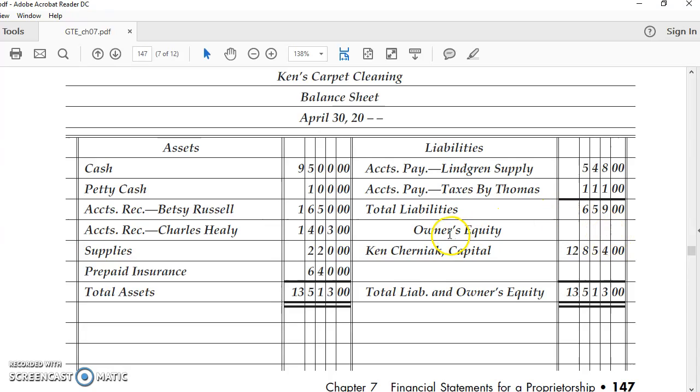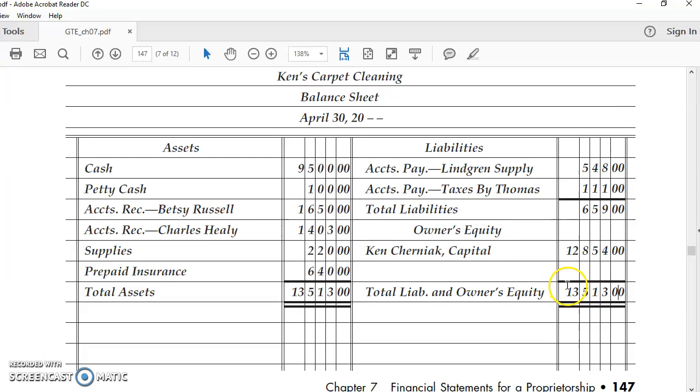So that is your owner's equity. So assets equal liabilities plus owner's equity. We need to add up our liabilities, our owner's equity, and then we hope that it equals our total assets, $15,513.